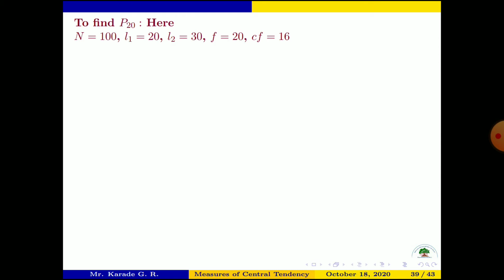Okay, so use all these values in the formula for the 20th percentile class. We know the formula for Pi, the ith percentile class. From this formula we can write P20 is equal to L1 plus 20 into n upon 100 minus Cf, whole divided by F, into L2 minus L1.